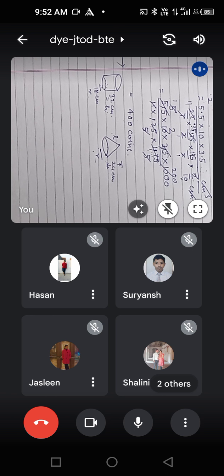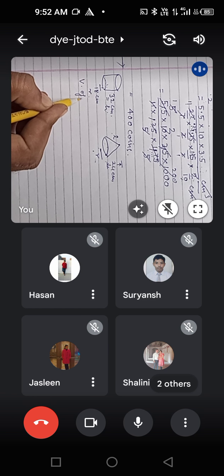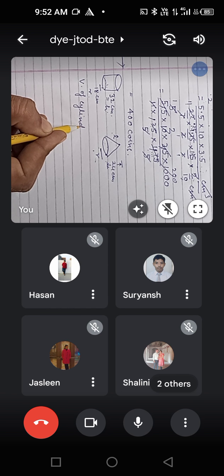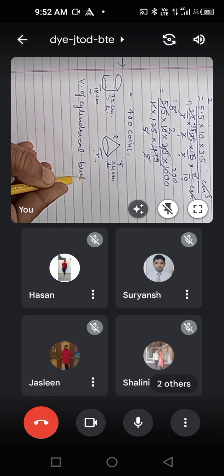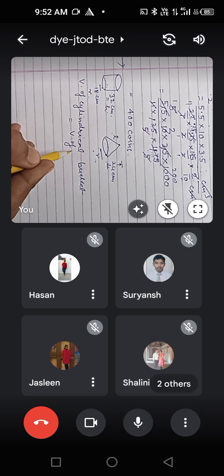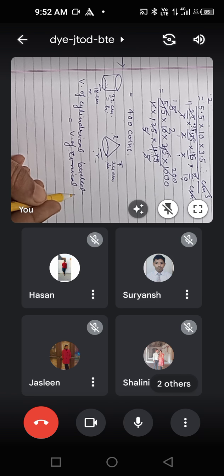So you write down: volume of cylindrical bucket is equal to volume of conical heap.